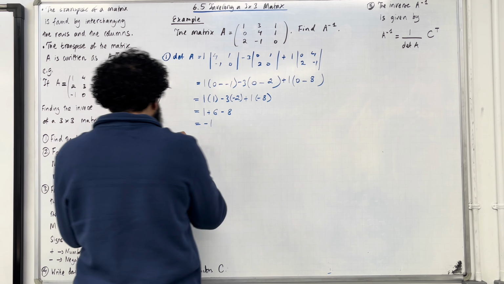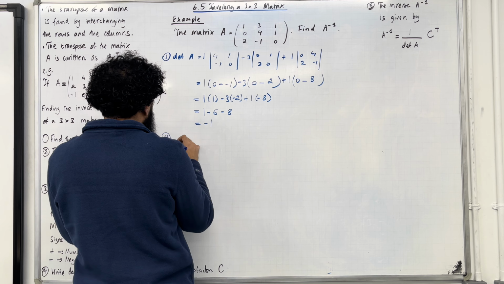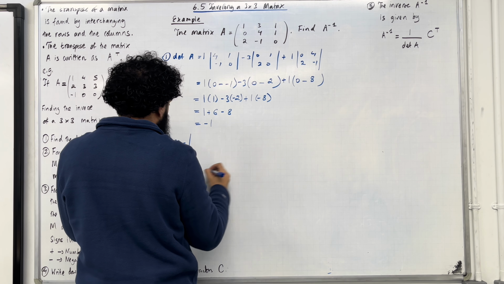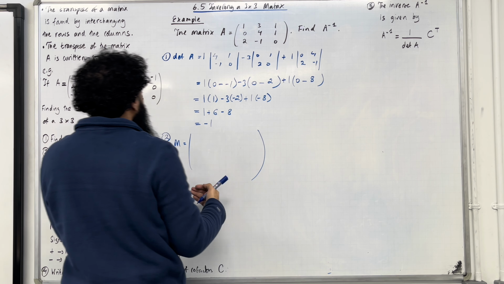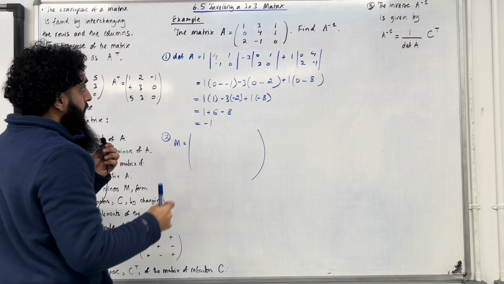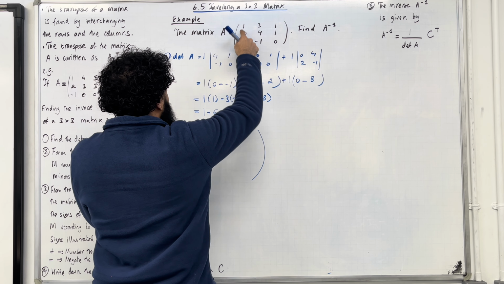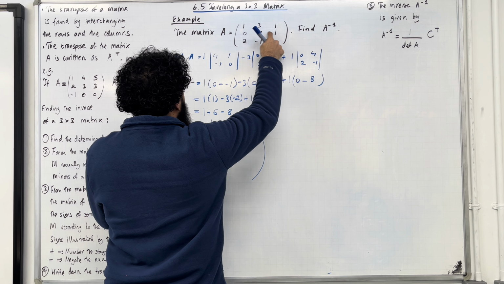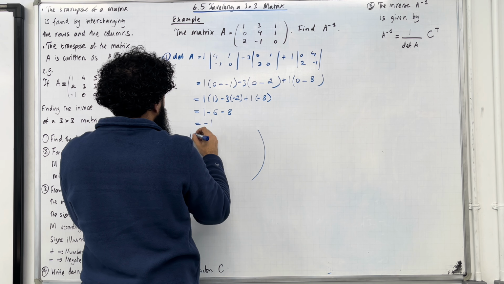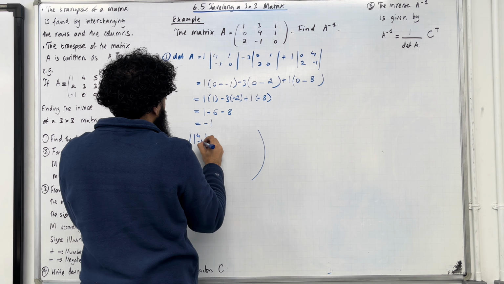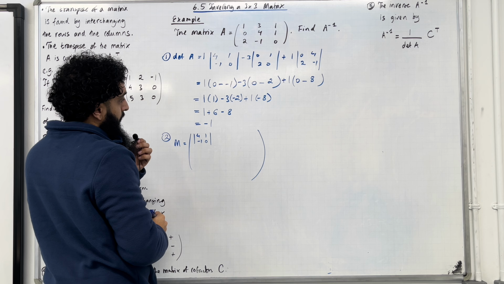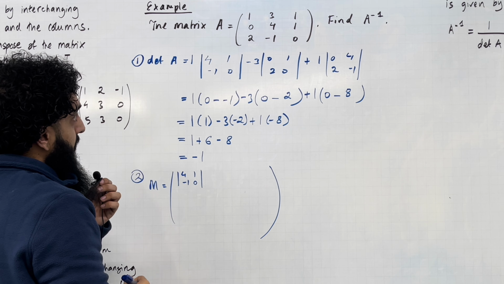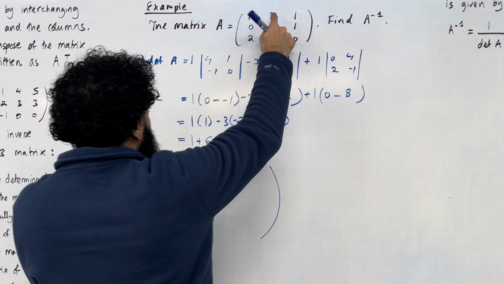So in step number 2, I've got the matrix M, which is the matrix of minors of the matrix A. So the minor of 1, if I cross out the column containing this 1 and the row containing this 1, I get 4, 1, minus 1, 0. Now I'm going to be looking at the minor of 3.